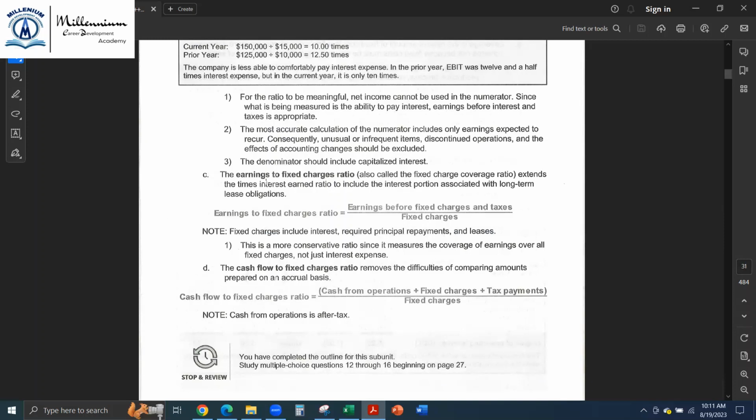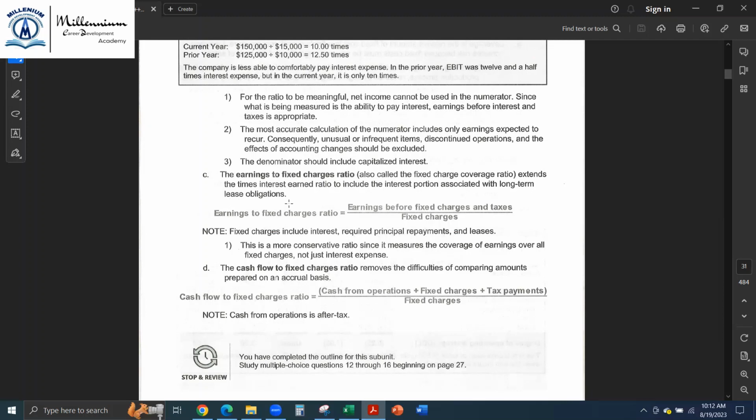It includes the interest portion associated with long-term lease obligations. When we calculated the interest cover ratio, we divided by interest only.